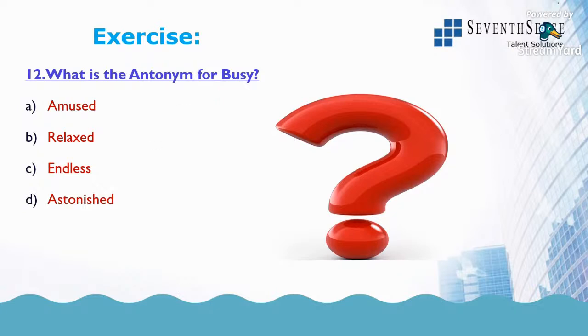But they are asking for the antonym, the opposite meaning of busy. The opposite of busy will be relaxed, right? So the right answer will be relaxed. Amused is not related, it is misused. Endless and astonished are also not related to busy.